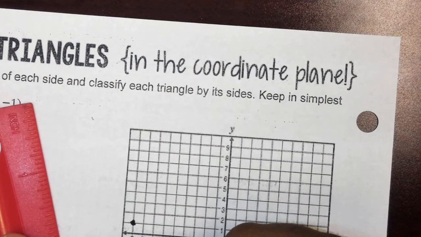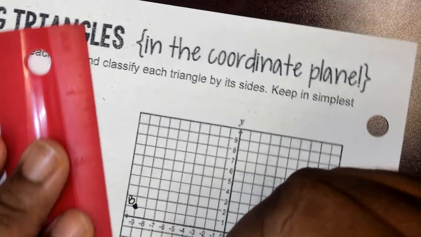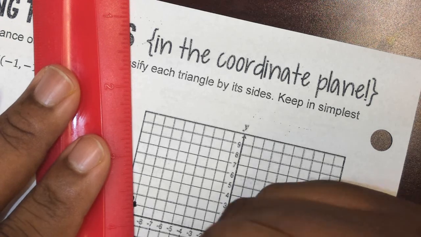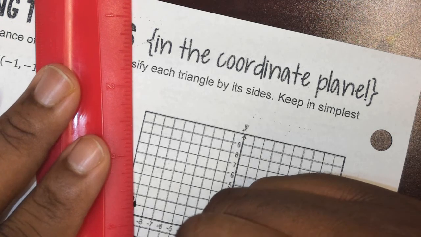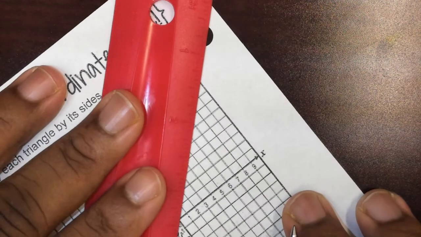Oh, label A, B, C. Don't worry, we're not rotating or nothing like that. We're good. We're done with that. Well, we are. Isaiah's still rotating because he's taking the test.